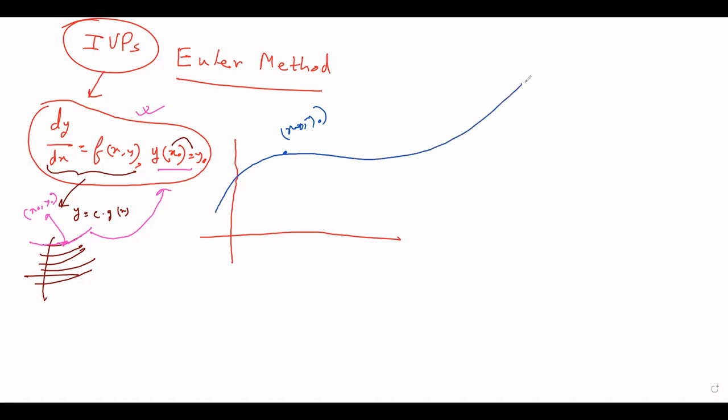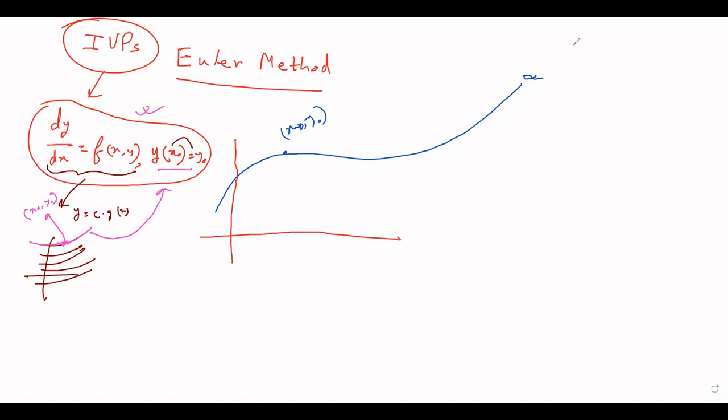Now, if there is already an existing method to find the analytical solution, then we will not actually need the numerical methods, right? We are going to need numerical methods in situations where we cannot find the analytical solution. So technically, even though this is the solution curve, think of a situation where we actually do not have any method to find the actual curve.